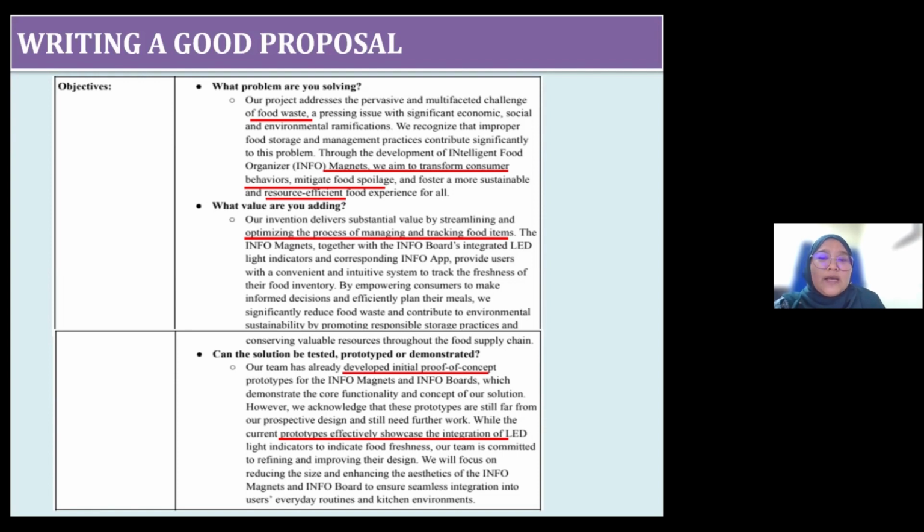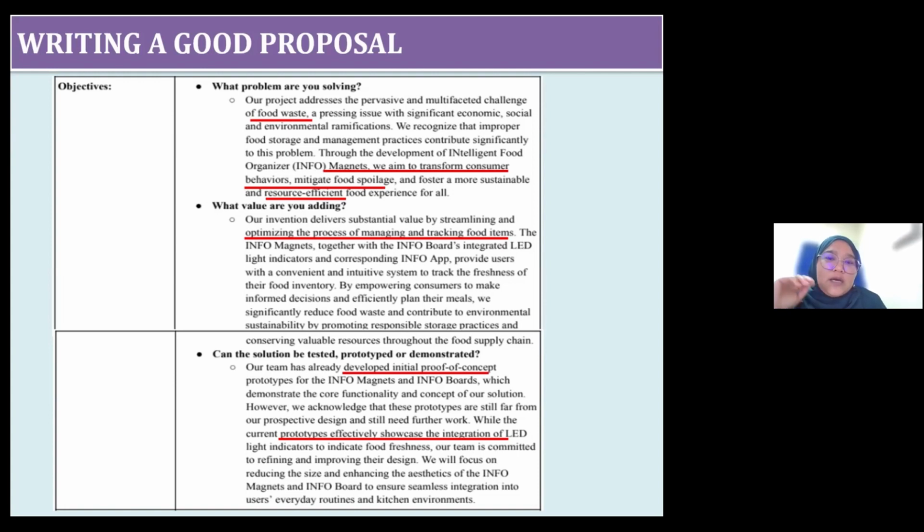Their aim is to transform consumer behavior and mitigate food spoilage, and foster more sustainable and resource-efficient food practices.